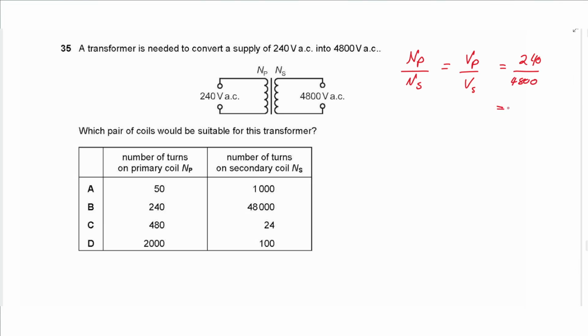This gives a ratio of 1 to 20 or 0.050. So we divide these values by each other to get the ratio of the number of turns, and we already have the ratio of the voltages. The first one, 50 divided by 1000, that's 1 over 20. That's already the correct answer. The next one is 1 over 200. The next one will be 20. The next one is also 20. So the answer is A.